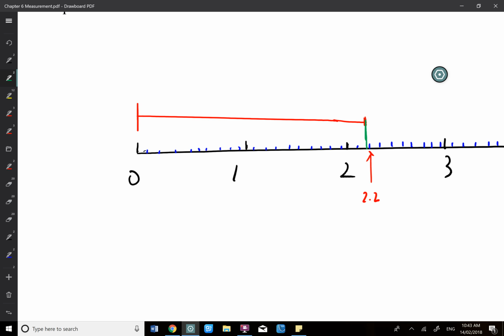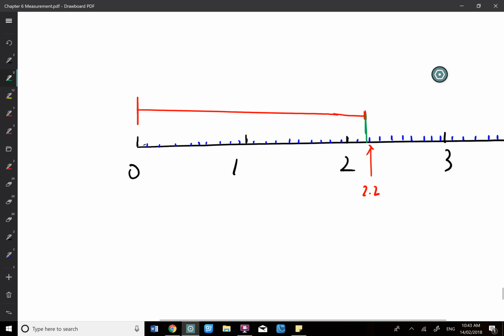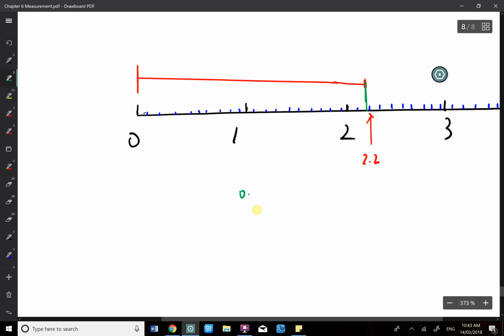That measurement tool already restricts the answer you can give me. So for this object, the smallest unit is 0.1 centimeter.